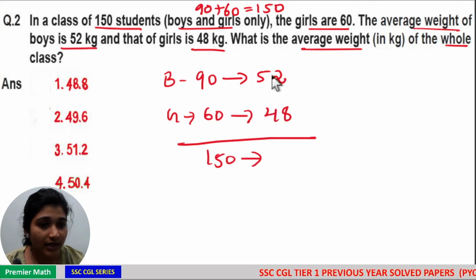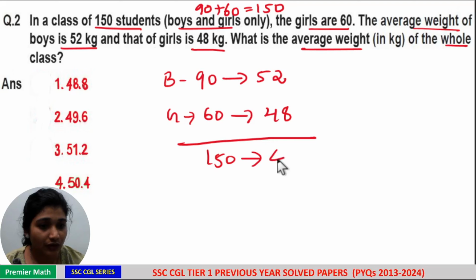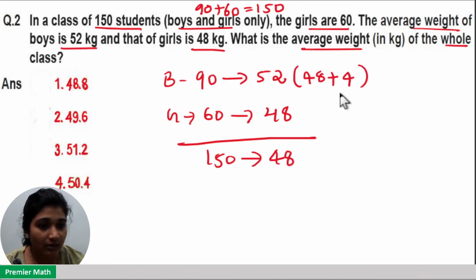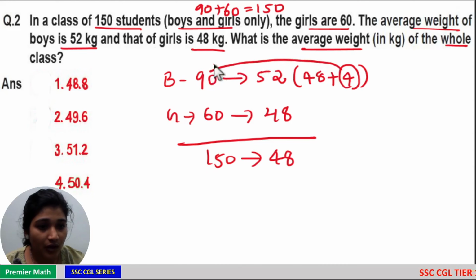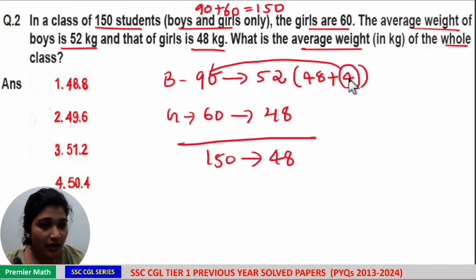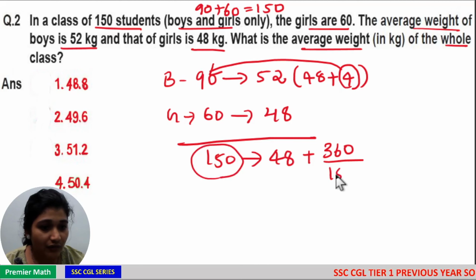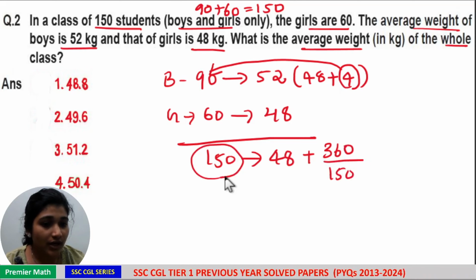Now take the minimum average from 52 and 48, which is 48. Here 52, I can write it as 48 plus 4. So 48 we have taken, extra is 4. So this extra 4 average is for these 90 people. That is 4 into 90, total 360 is the extra increment in sum. So this 360 should be equally distributed to the total 150 people, that is, to the whole class.